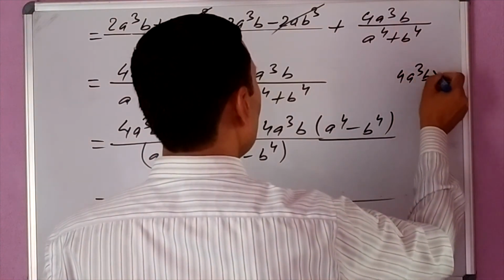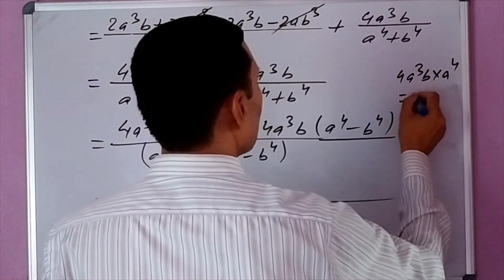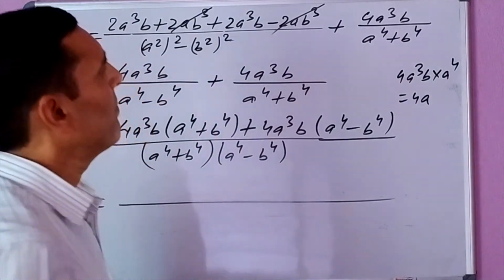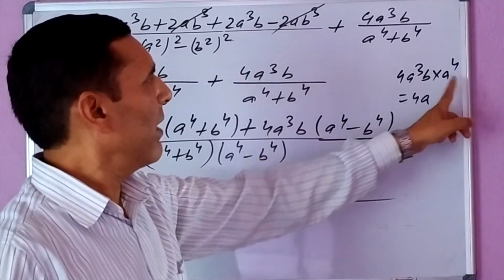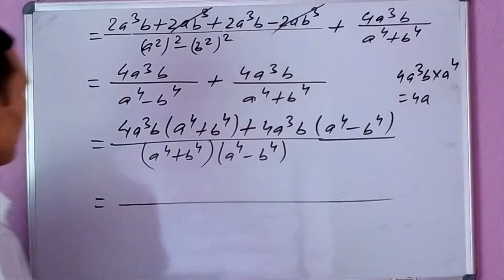On the same base, the powers are added together, 3 plus 4, so it becomes 7.